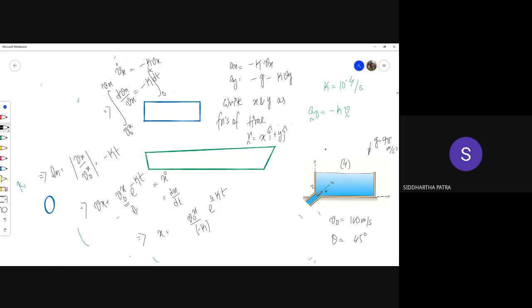Why does it become negative? It shouldn't be, right? Sir, it will be 1 minus e to the power minus kt by k after putting the limits. Yeah. Okay.